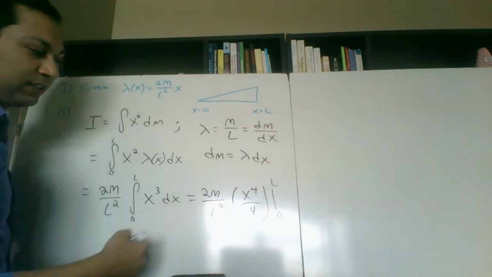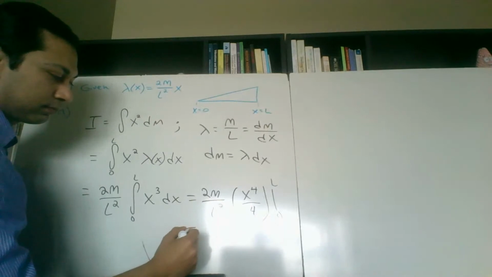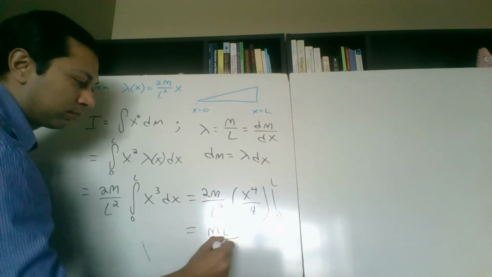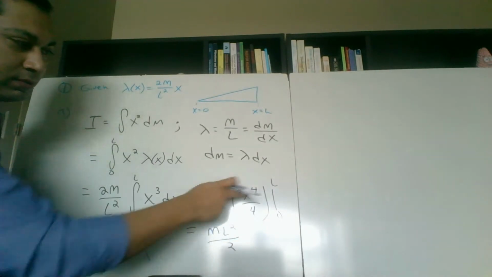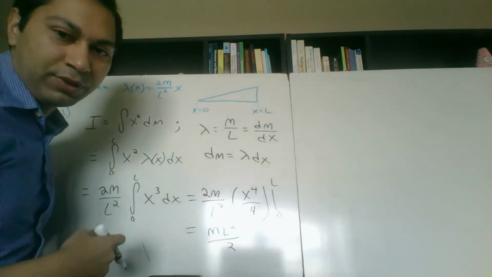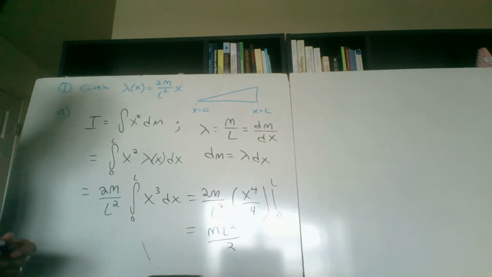So all of this cleans up to become ml squared over 2. And that's what they were asking us to solve for. So integrating this and taking the limits of integration, you'll end up with that. Okay, so that was part A.